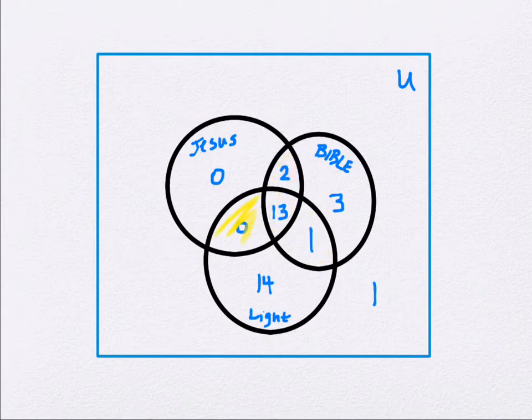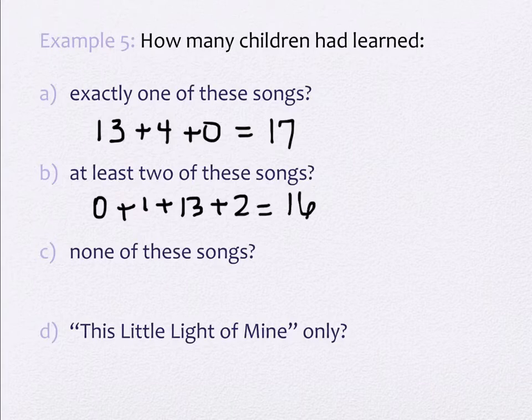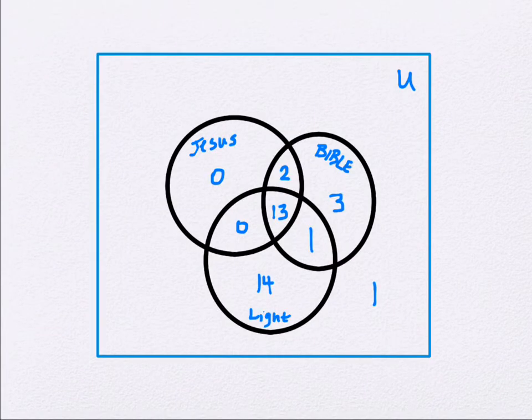So I've got 0, 1, 13, and 2. And what is 0 plus 1 plus 13 plus 2? 16. None of these songs, 1, that's that little lonely person on the outside of the circle that we put in as our very last number.